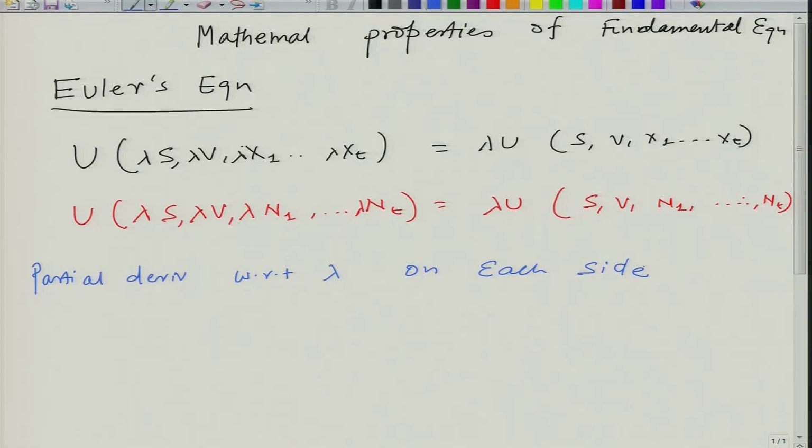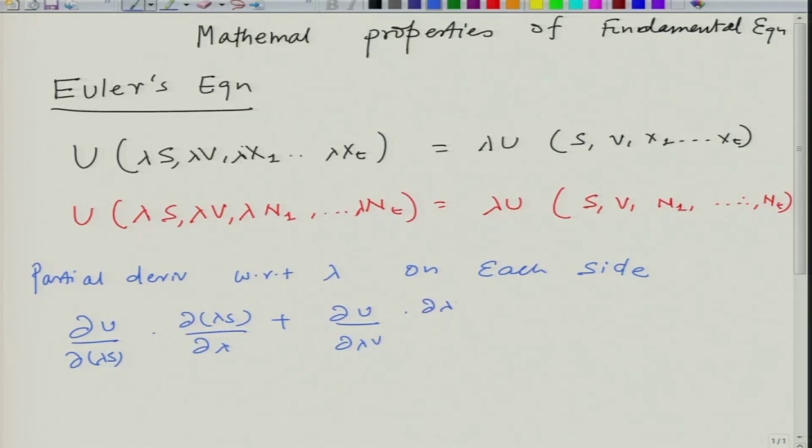in that case I can get del U by del lambda S times del lambda S by del lambda. So, that is the first variable, plus del U by del lambda V times del lambda V by del lambda, and then we can have the partial derivative with respect to lambda N of moles, and then this can be brought under a summation.